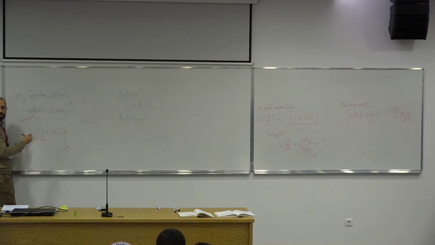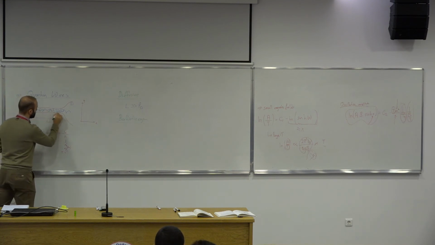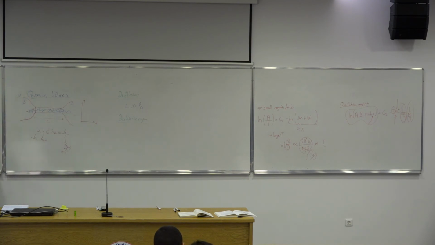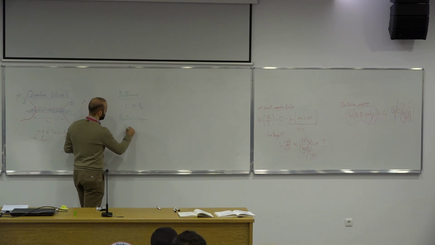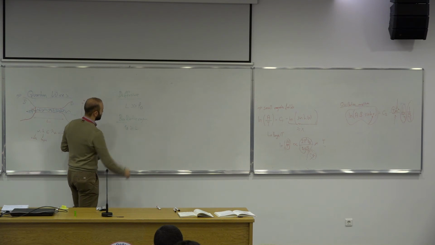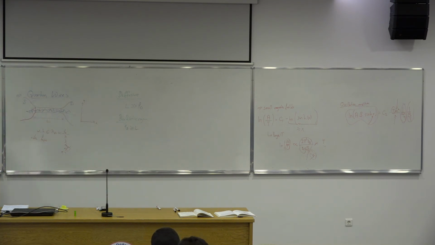It either performs a single scattering or no scattering at all. So it can travel very long distances within the material without involving any significant scattering events. So in this case, this L_D is either comparable or greater than the length of my nanowire.